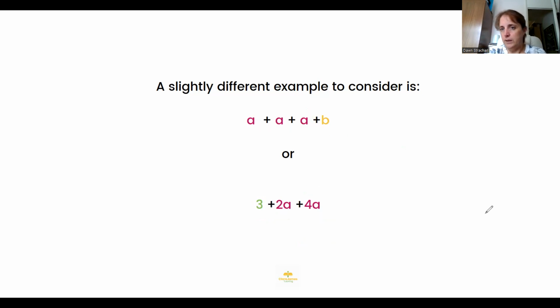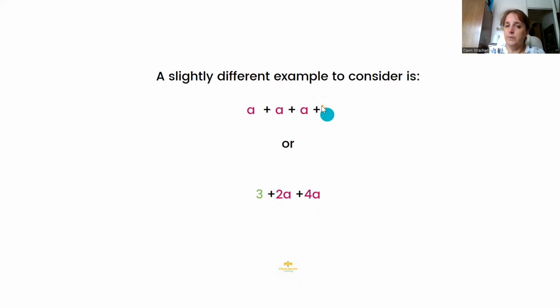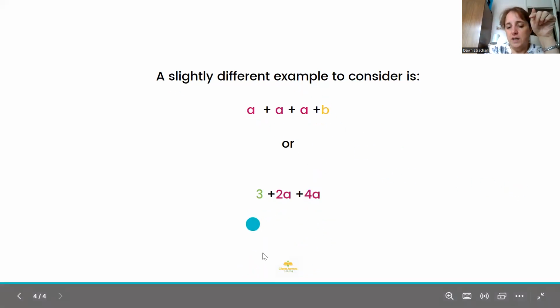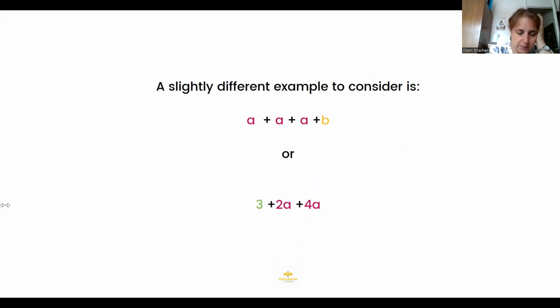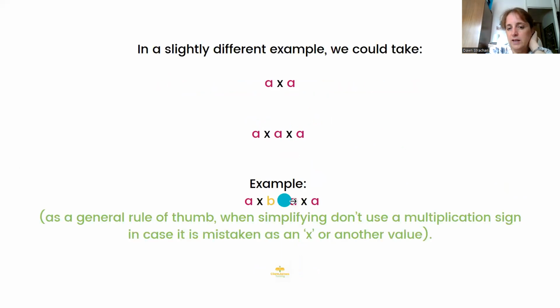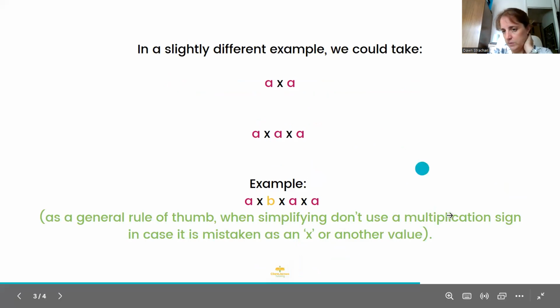I'm hoping there's one more, but no, there isn't. What I wanted to say, but it's not written down on here, but is important to say, is, let's go back to this one.